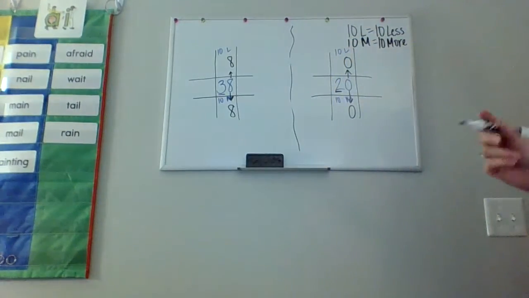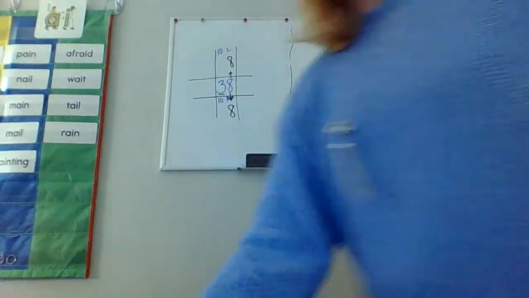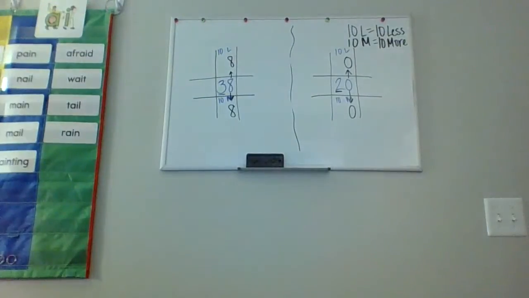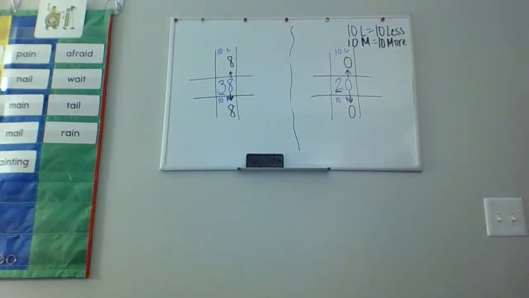That's why I do it that way. L stands for less and M stands for more. And you can draw that on yours too, it might help. So it's just like if you drew the tic-tac-toe board on a hundreds chart. Okay, this is the only number I am changing.